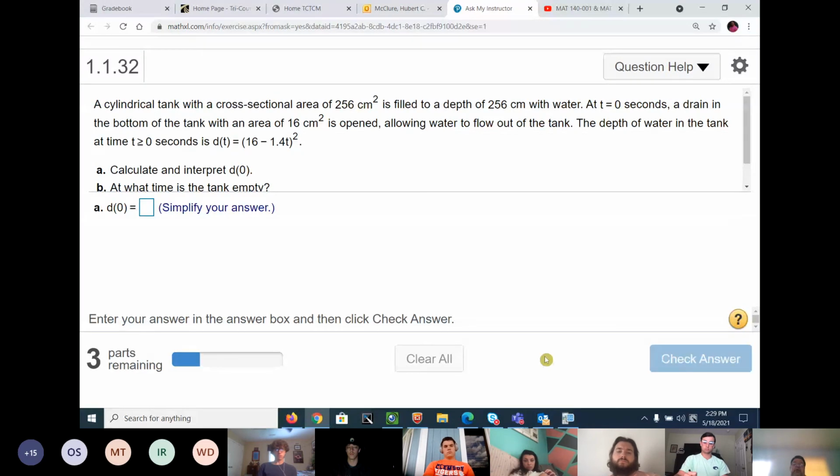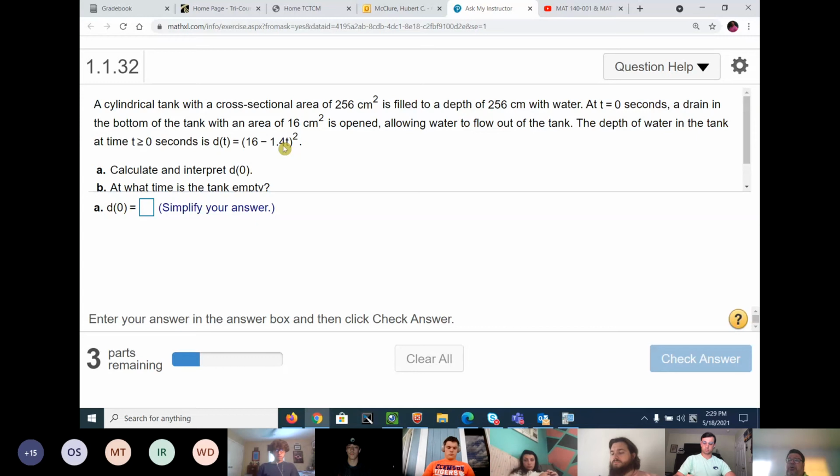Okay. First of all, the only thing you're worried about is this equation right here. And t is greater than 0 seconds. So I'm going to write down what's important information. D of t equals 16 minus 1.4t quantity squared.